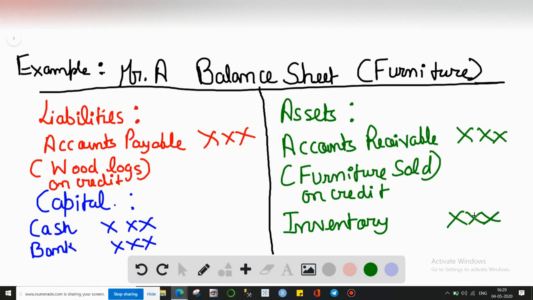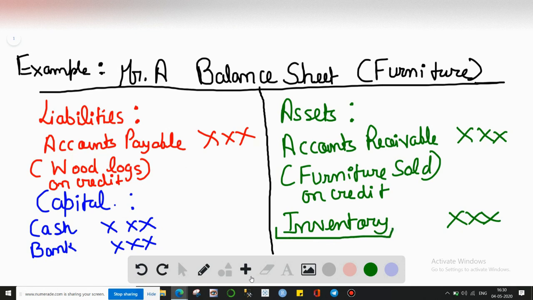Inventory can include raw material, work in progress, meaning it is in a semi processed form, neither finished nor raw material, and it can also include finished goods which could not be sold to the customer during the current year. So that is why we have inventory on the asset side in the balance sheet.